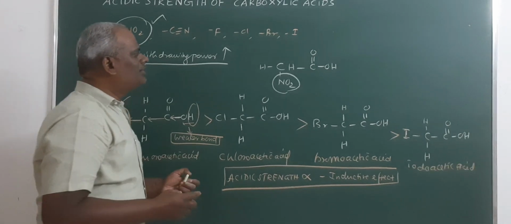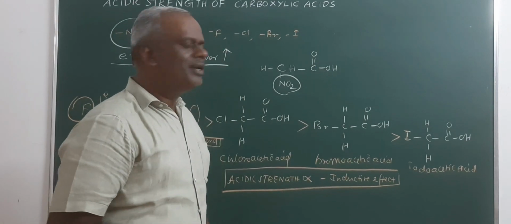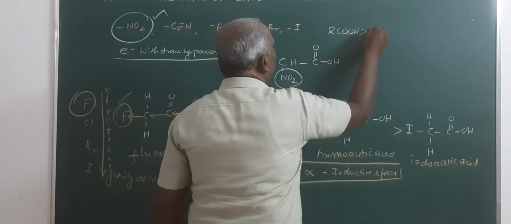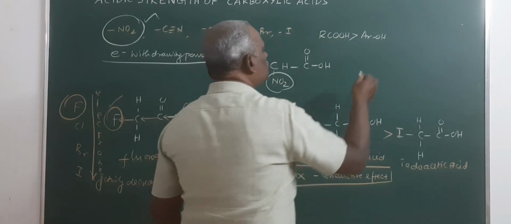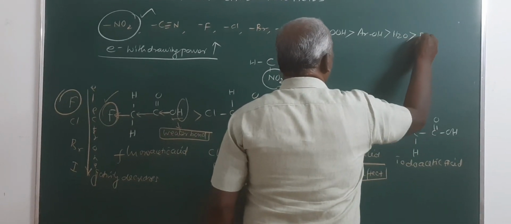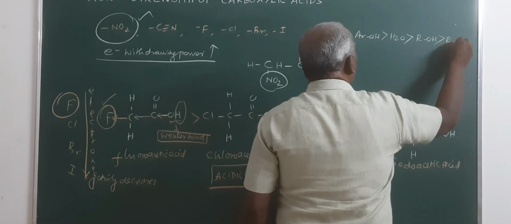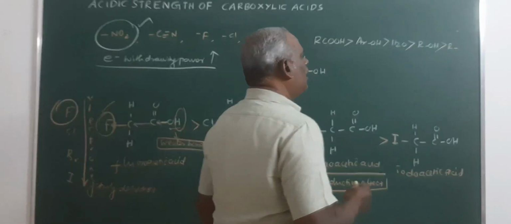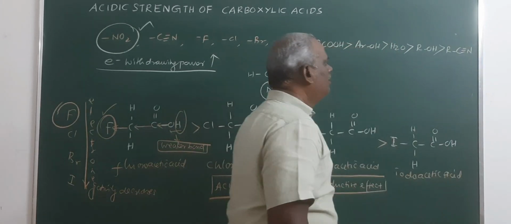So as a whole, among the carboxylic acids, and when compared with other organic compounds, we can have an order: RCOOH is stronger than phenol. Phenol is stronger than water. Water is stronger than alcohol. Alcohol is stronger as an acid compared with the last category of C triple bond N.